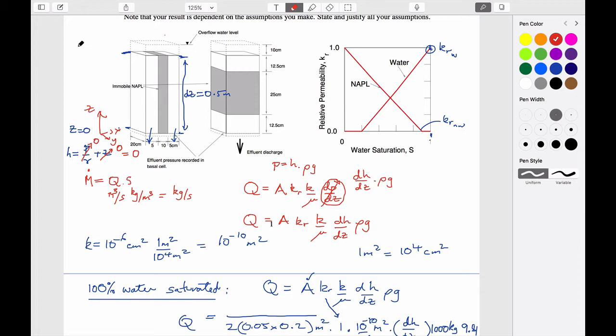If we look at the top and look at the same relationship, the head at the top is equal to the pressure divided by the unit weight plus the elevation. And so we know that if this is our datum, this point here, then going up 0.5 meters, this is the physical location of this. Actually, why don't I just draw that in? This length here is 0.5 as it was on the other side.